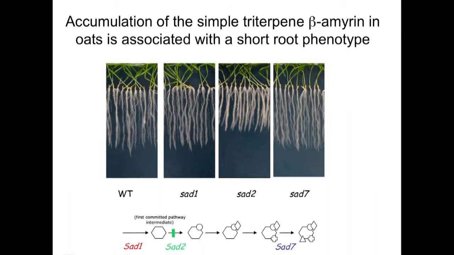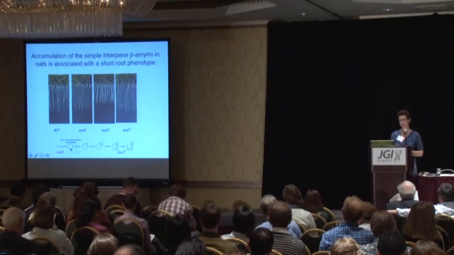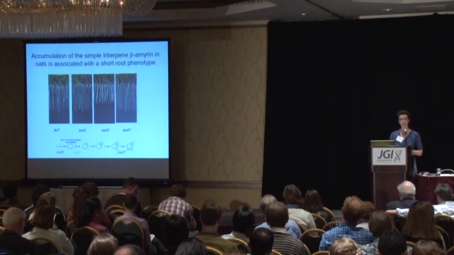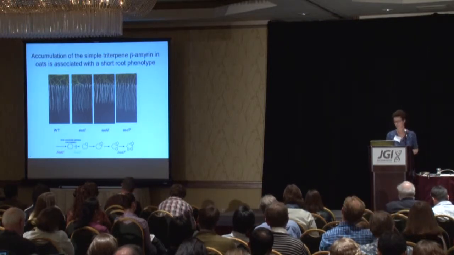But when we look very carefully at these roots, by growing seedlings on large square dishes, we found that mutations affecting the second step in the pathway led to shorter roots. So these mutants are accumulating the first committed pathway intermediate, which is a simple triterpene, beta-amyrin, which is in fact common in plants. It's probably ubiquitous.